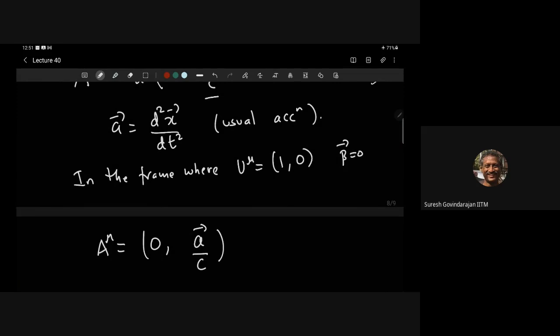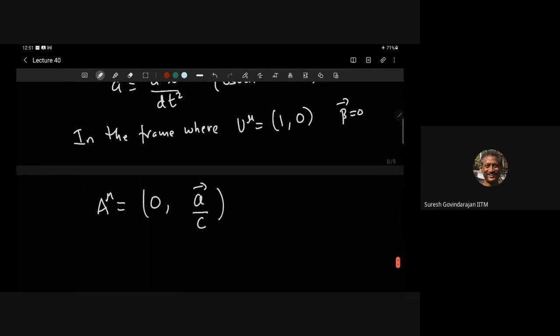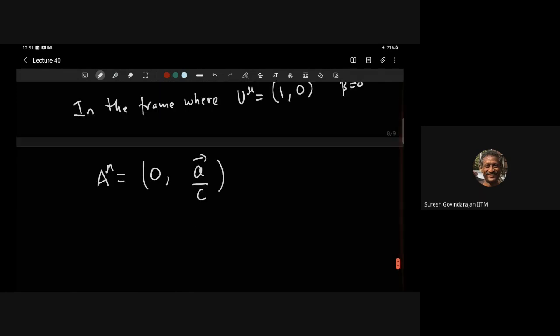Of course, you can go back and check that A mu U mu is 0. You will see that. So what you can see here is that this 4-vector has the property that, up to a factor of c, because of the dimensionality of our definition, it is nothing but the acceleration. We can also ask what is the norm of this 4-vector.